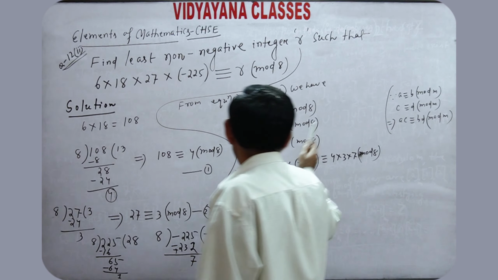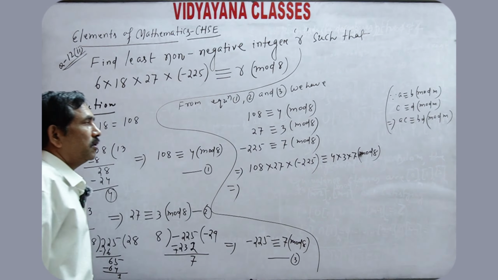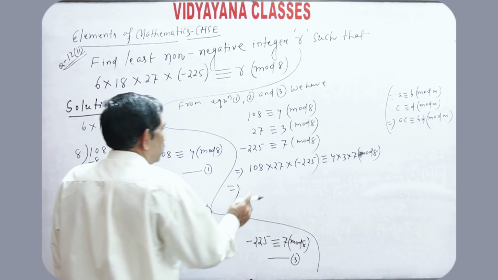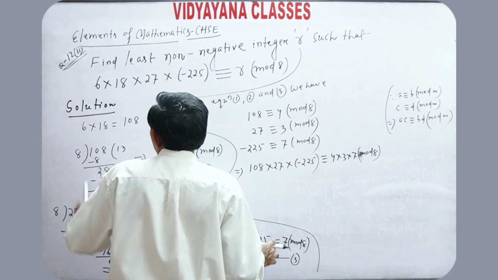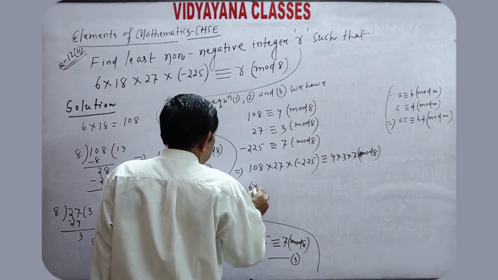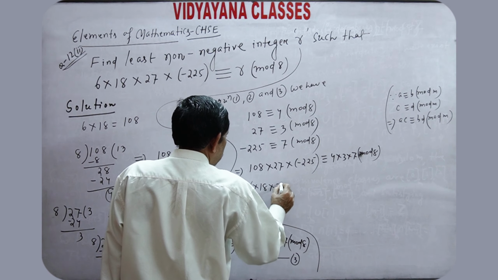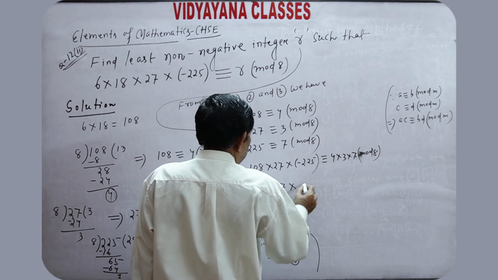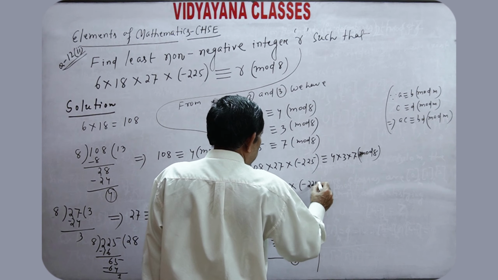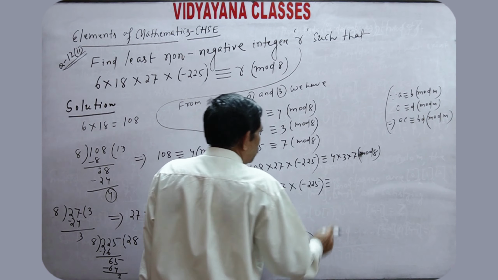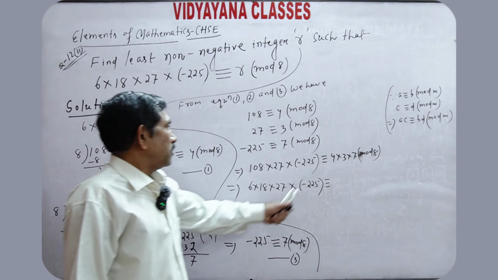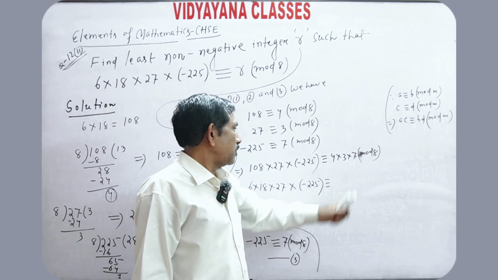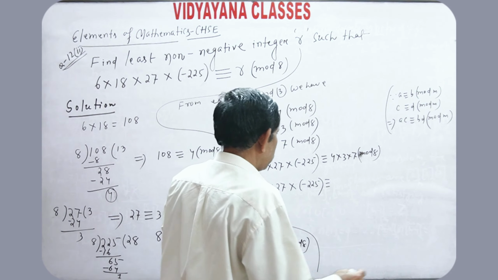By this principle, we have 108, that is 6 into 18, into 27 into minus 225 congruent to 4 into 3 into 7, that is 84.